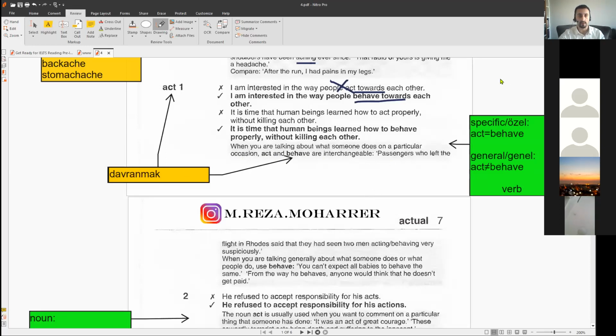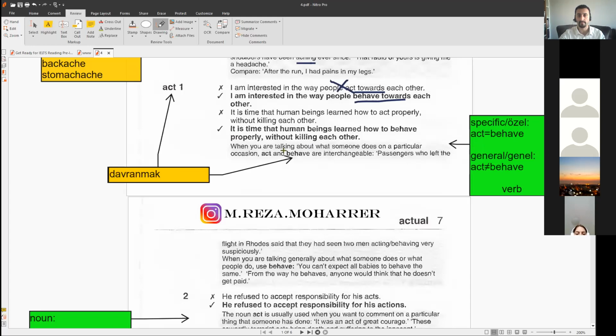As you see here, the meaning of act I have written here. In Turkish, we say act and behave. Both have the same meaning, davranmak. But for specific situations, we use act. In specific situations, behave and act are the same. But in general situations, behave and act are not the same. So what is specific? What is general situation?